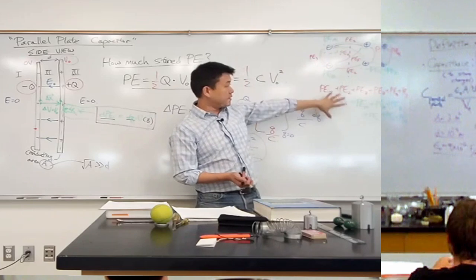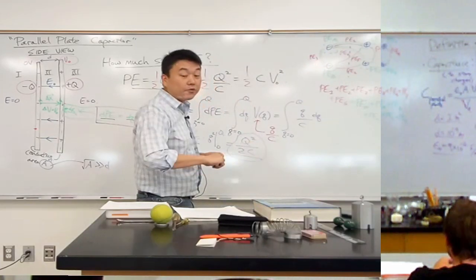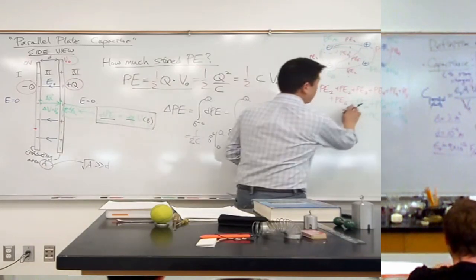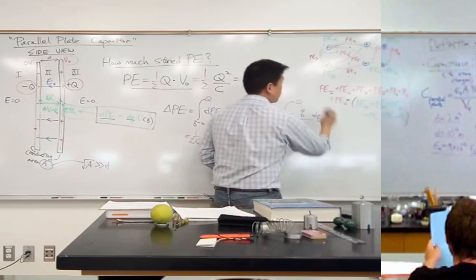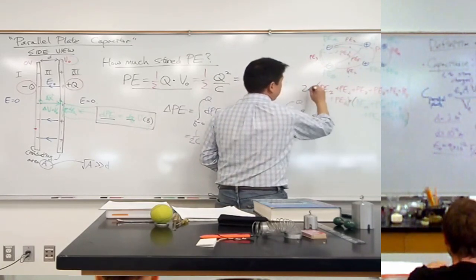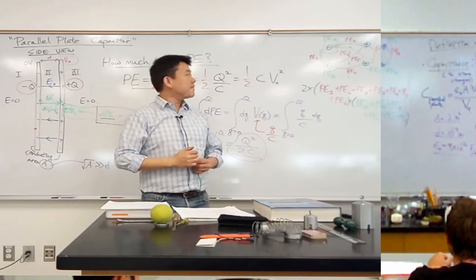When you actually go through this calculation, we are not going to go through it, but the result you get on the right-hand side is going to be twice what we get on the left-hand side. Can someone see why that might be happening?